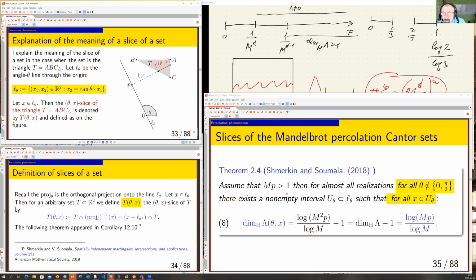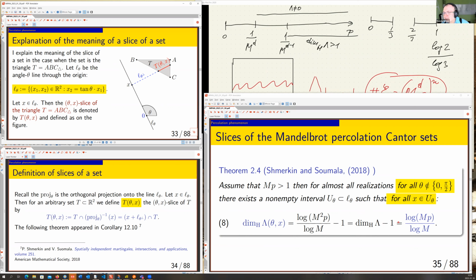Then Shmerkin and Suomala say that for all theta which are not the axes, so when this line that I show here is neither of the coordinate axes, then there exists a non-empty interval on this line, on this L theta line, such that whichever x you choose from this interval, the corresponding slice has dimension equal to the dimension of the set itself minus 1.